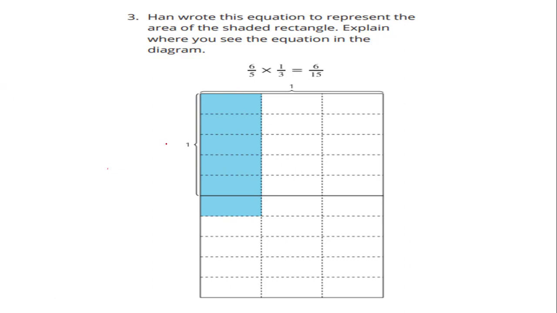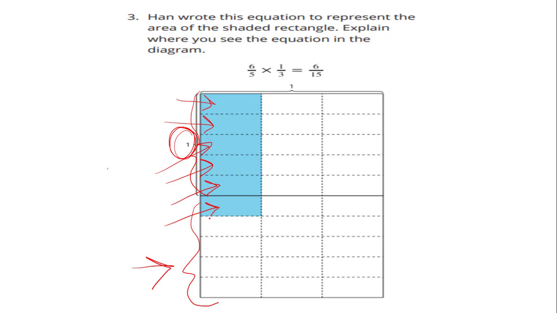Okay, so on the top here, we have that this section is one whole, and then they had to put another whole here. Let's talk about why they had to do that. We have 1, 2, 3, 4, 5, 6 that are shaded, which represents our numerator.